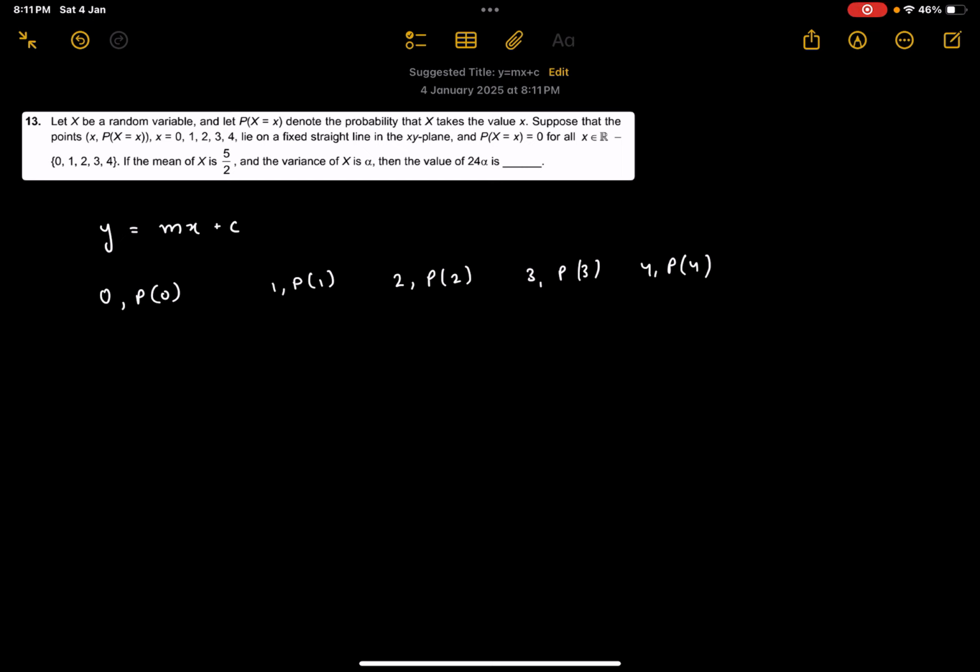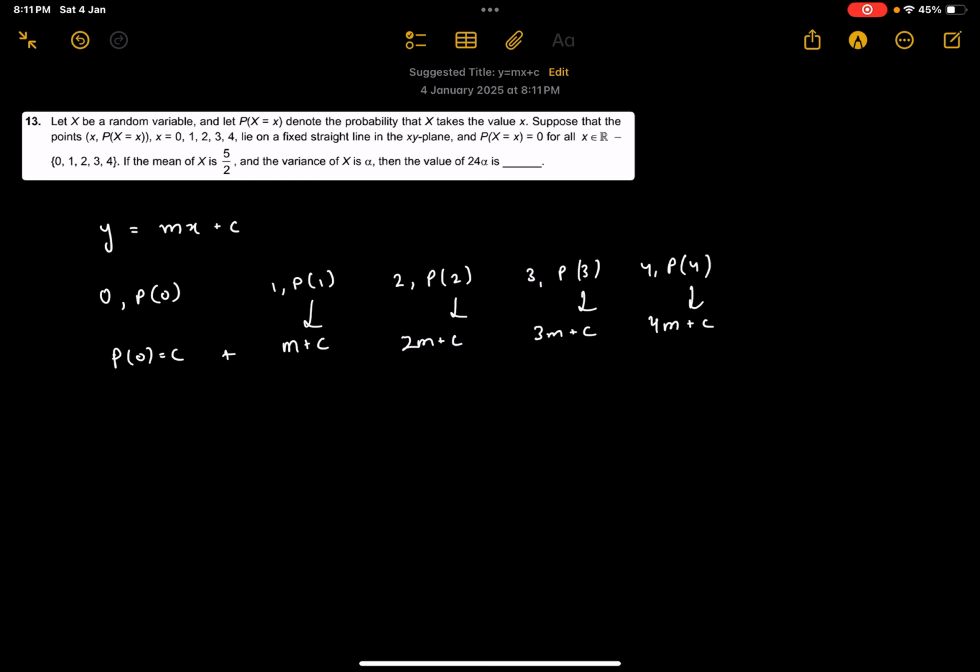So p0 is c, p1 is m plus c, p2 is 2m plus c, p3 is 3m plus c, and p4 is 4m plus c. And as these are the only possible values that X can attain, the sum of these probabilities, p0, p1, p2, p3 and p4, should be 1, because the sum of the probabilities of all the possible outcomes should be 1.